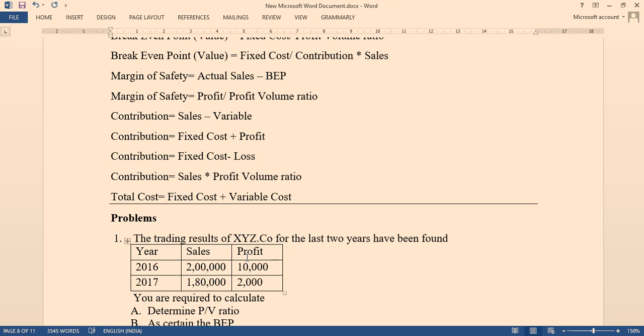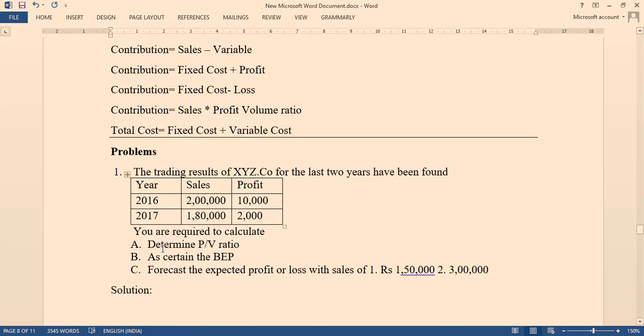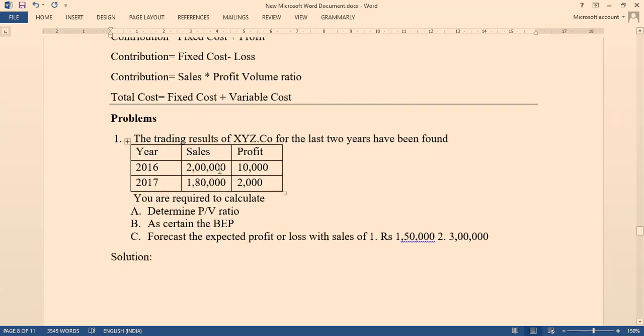In 2017, the sales is 1 lakh 80,000 and the profit is 2,000. You are required to calculate the profit volume ratio, ascertain the break-even point, and forecast the expected profit or loss with sales of rupees 1 lakh and 3 lakh. With the help of the available information, we have to solve this, right?